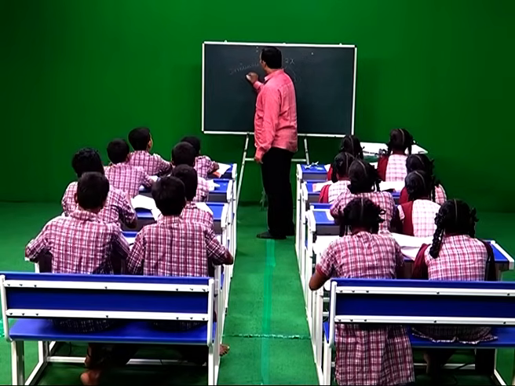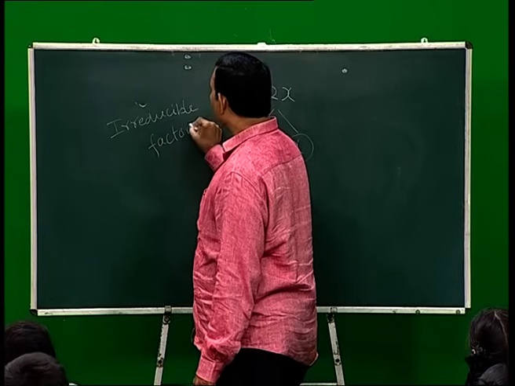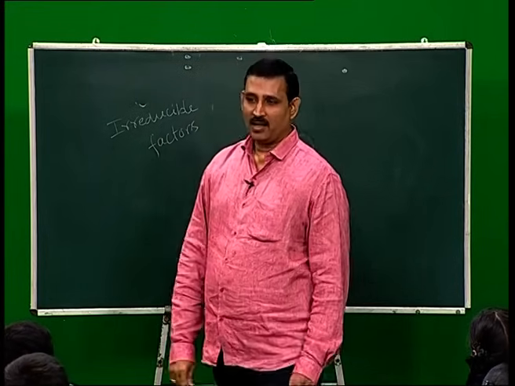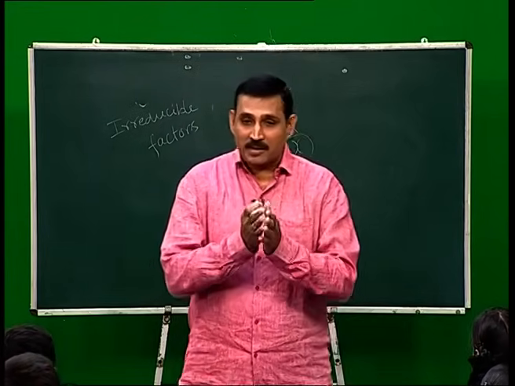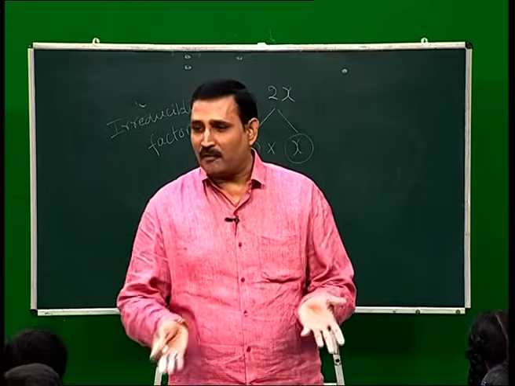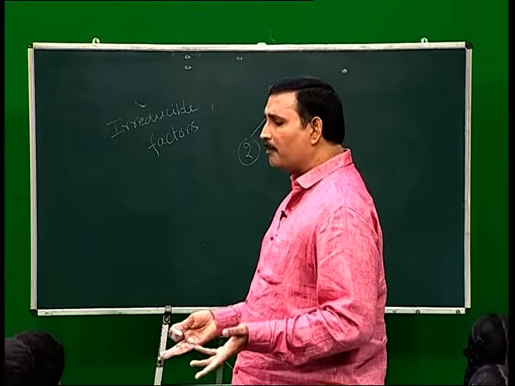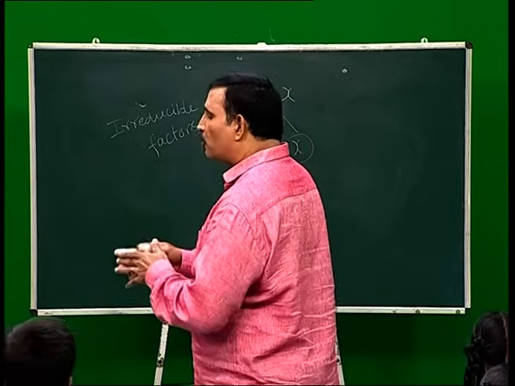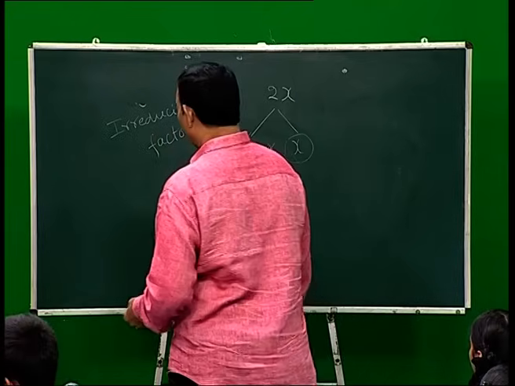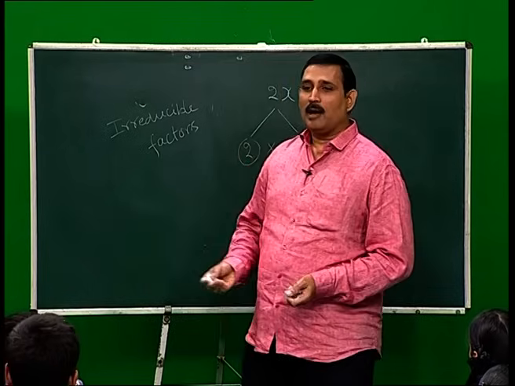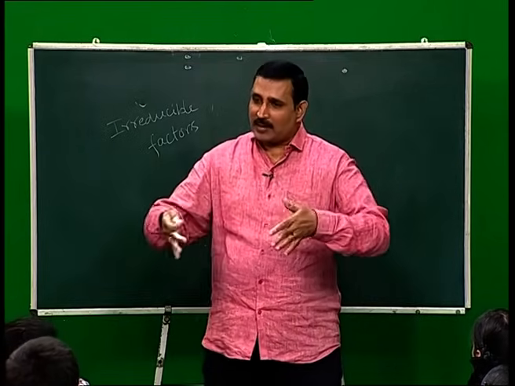Irreducible. Reduce means to decrease or to split it further. Irreducible means you cannot reduce it further, you cannot split it further. As we discussed, 6 you can split further like 2 into 3.